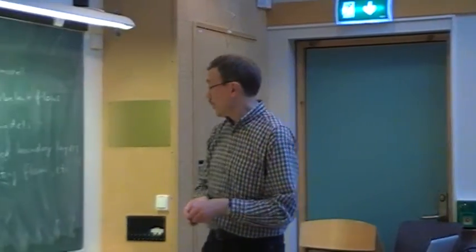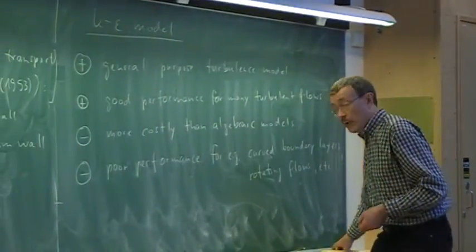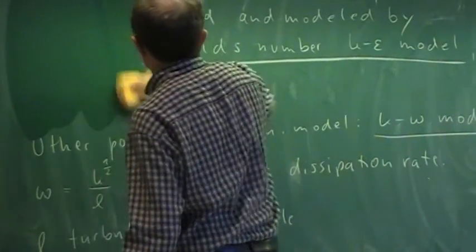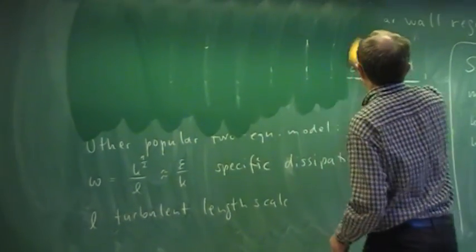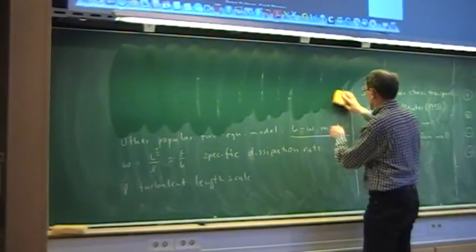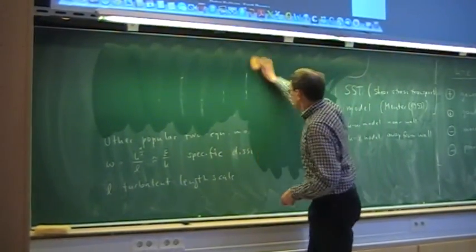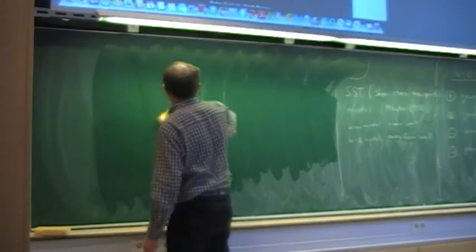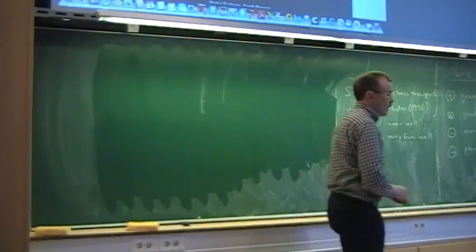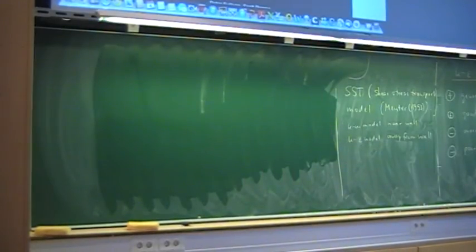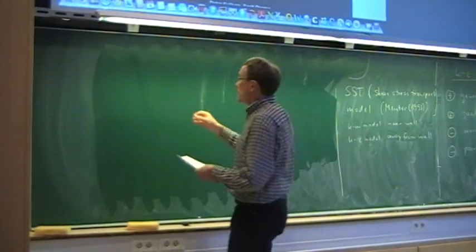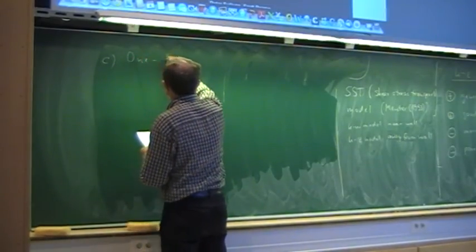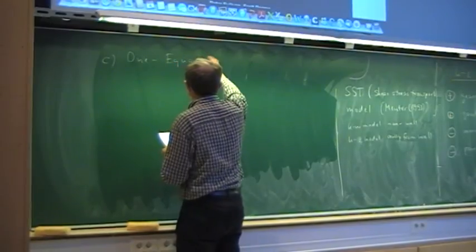Now the next point is the one equation models. That is then C, in our numbering, one equation models.